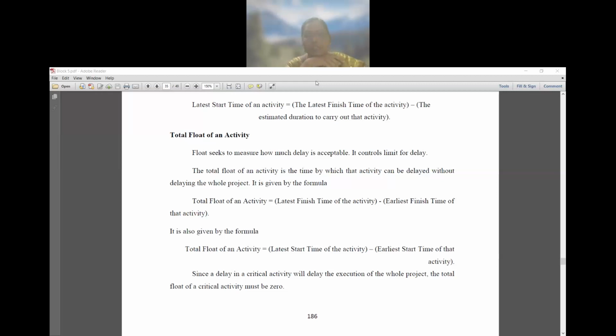The total float of an activity is the time by which the activity can be delayed without delaying the whole project.